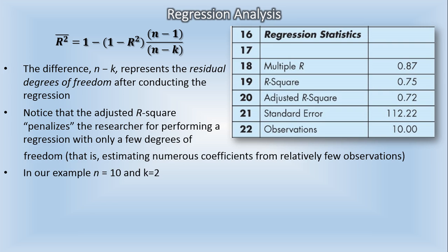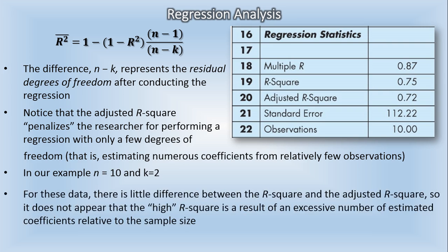So in our example, we have n equals 10 and k equals 2. For these data, there's little difference between the R square and the adjusted R square, so it does not appear that the high R square is a result of an excessive number of estimated coefficients relative to the sample size. Just understand what R square is overall, why you would use it, to understand the goodness of fit.